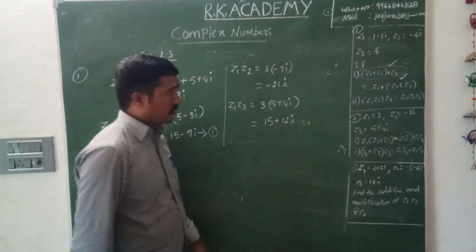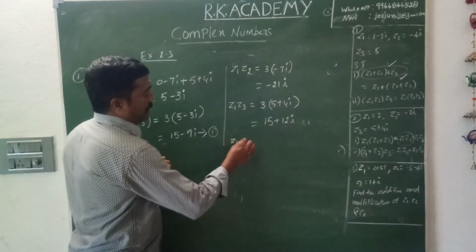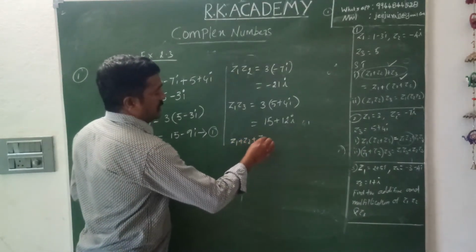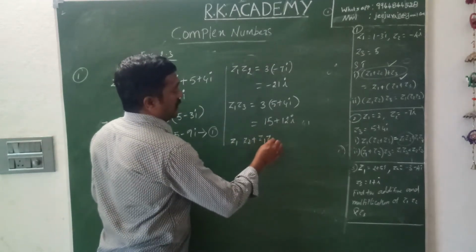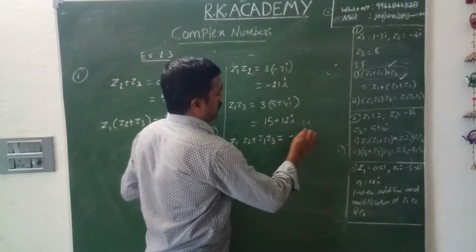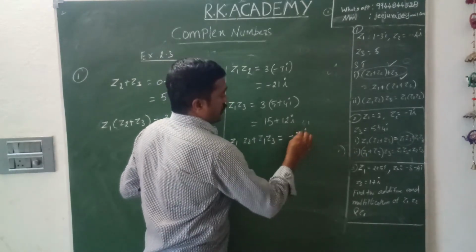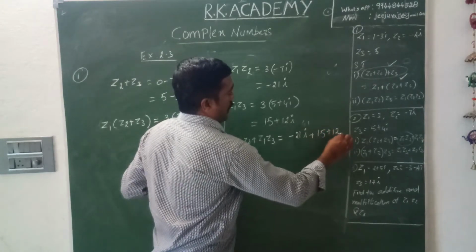Now what we are going to do? Sum of these two, I mean Z1 into Z2 plus Z1 into Z3. So minus 21i plus 15 plus 12i.